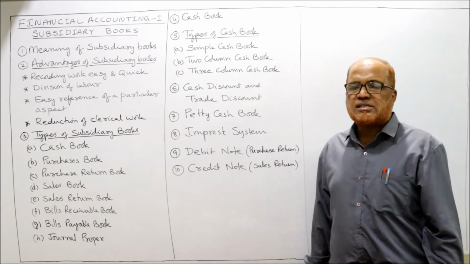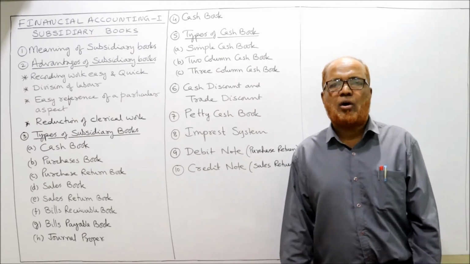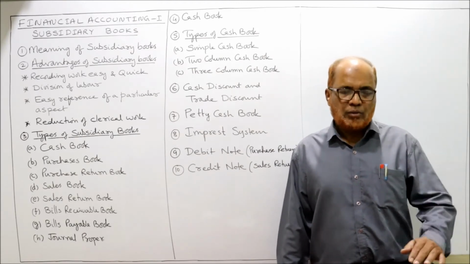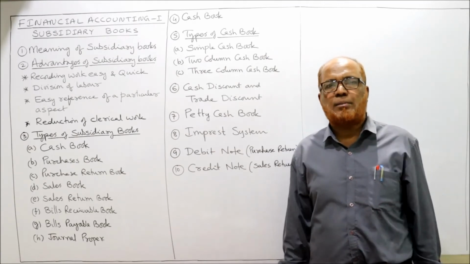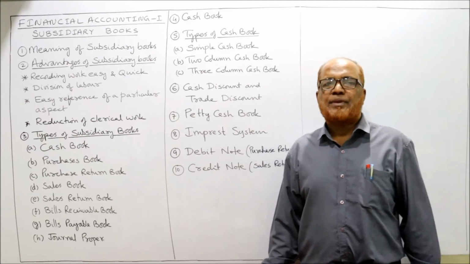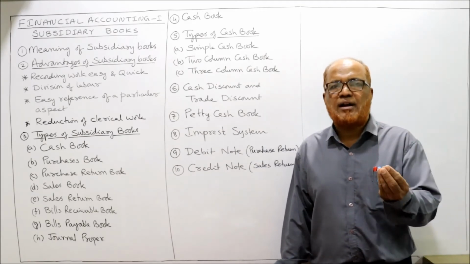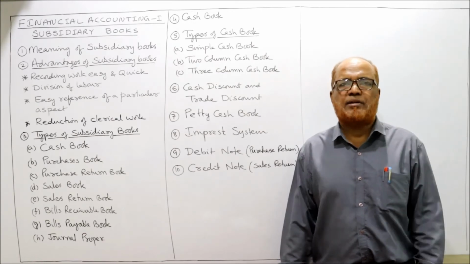Then the imprest system. Normally the petty cash book is maintained on the imprest system. What is this imprest system? According to the experience of the business, the management decides that monthly we require some 500 rupees for making petty small payments.